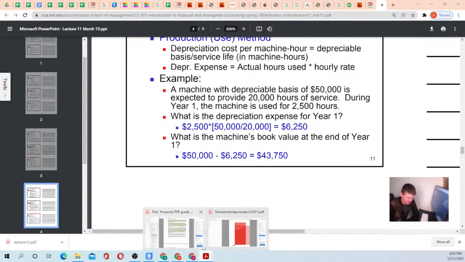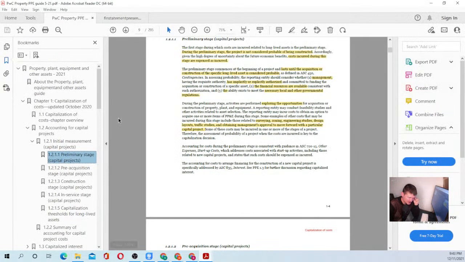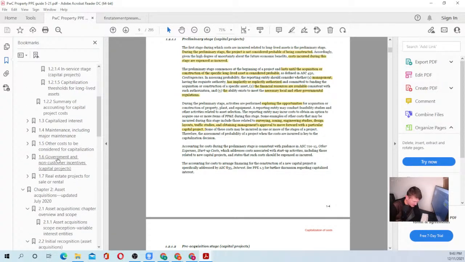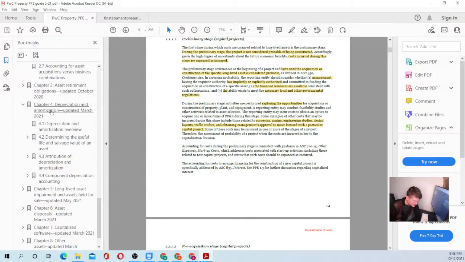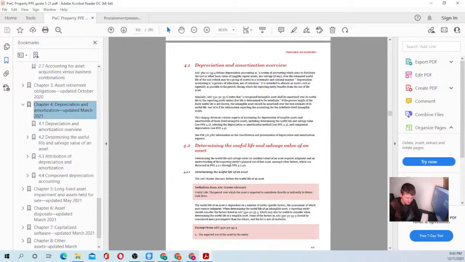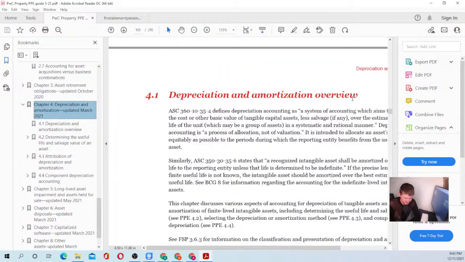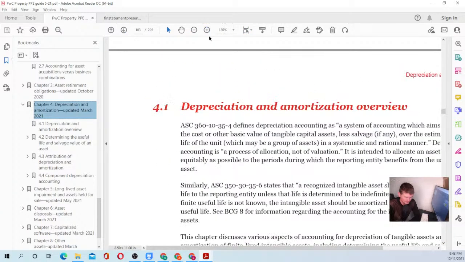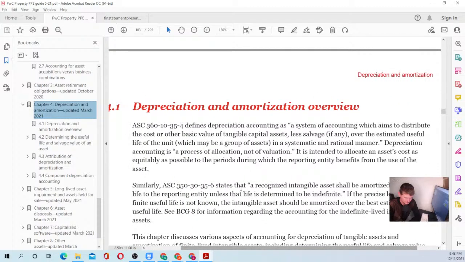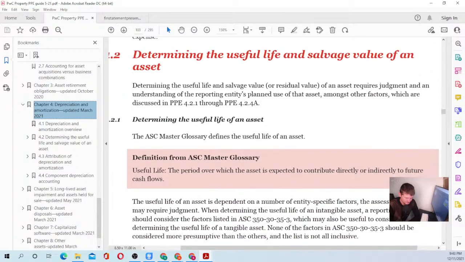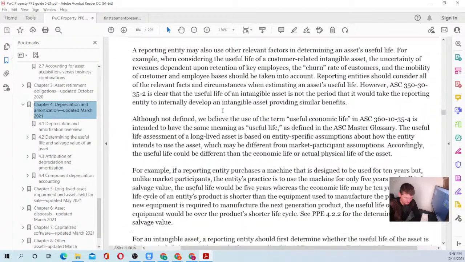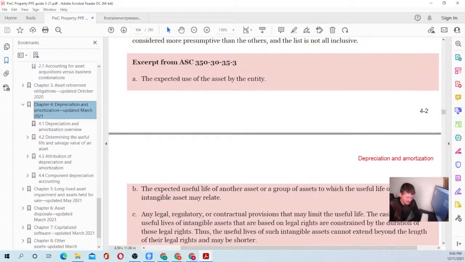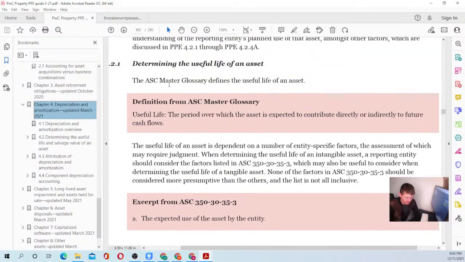Let's take a quick look about which depreciation methods are discussed by accounting standard. Let's see, it should be here. The standard has a criteria for determination of useful life.